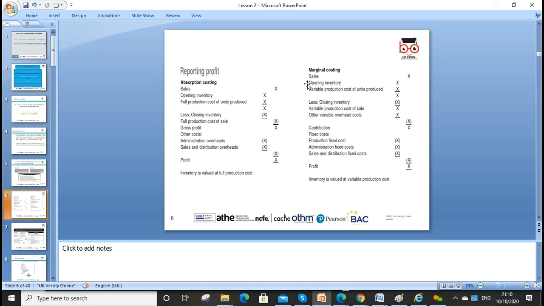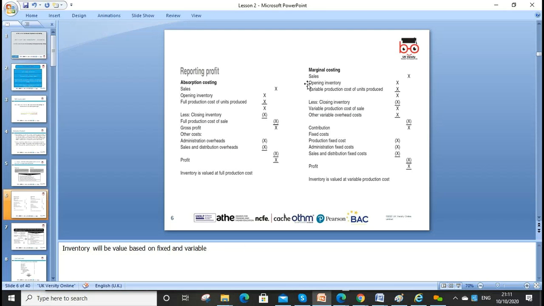Normally under absorption costing, the closing inventory value will be higher than under marginal costing, because the inventory will be valued based on fixed and variable cost together.